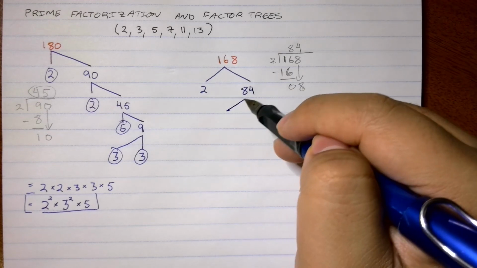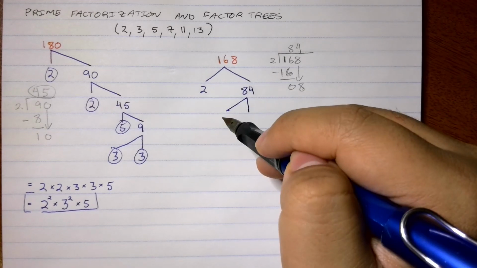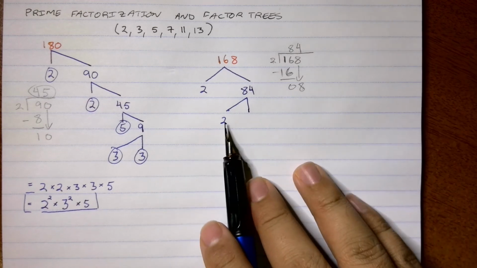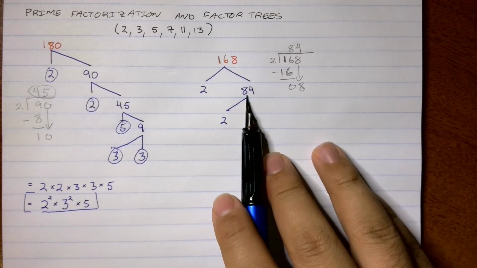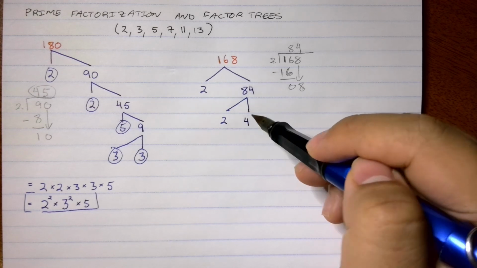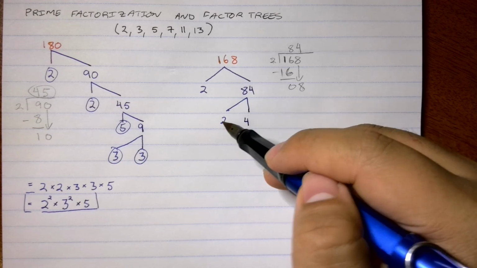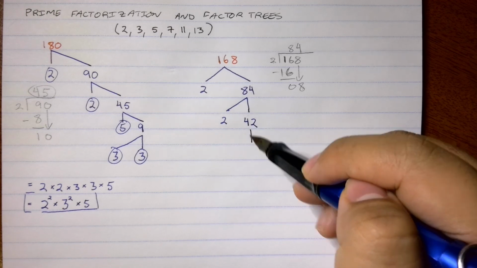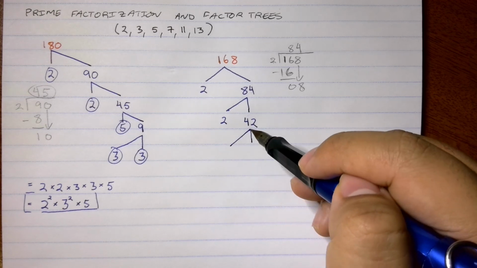Breaking this further down again, I know 2 can work. And this is a fairly cool little trick we can do. 8 divided by 2 is 4. 4 divided by 2 is 2. This can break down again by the number 2.